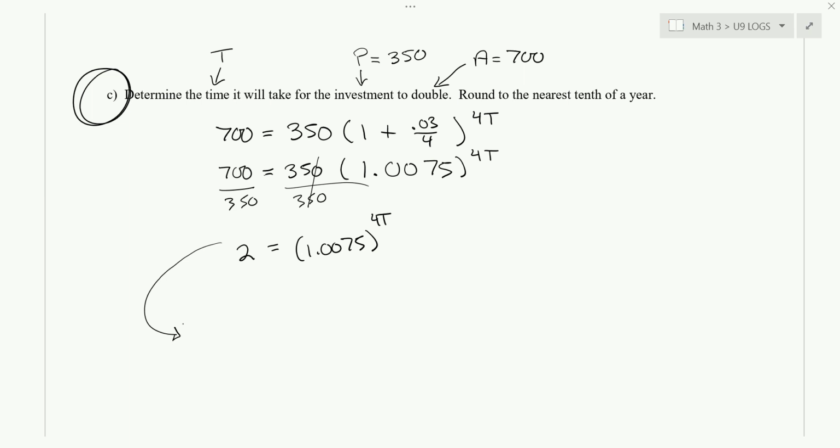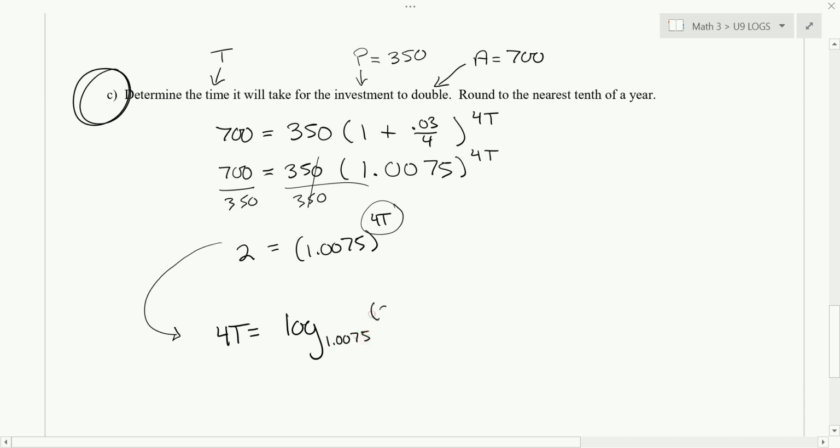Anybody can help out here. You have to change it to log form because we want to solve for the exponent. So we got to get that variable out of the exponent. So what would log form look like here, guys? 4t equals log base, not 2, a weird looking base, but it is, of 2.